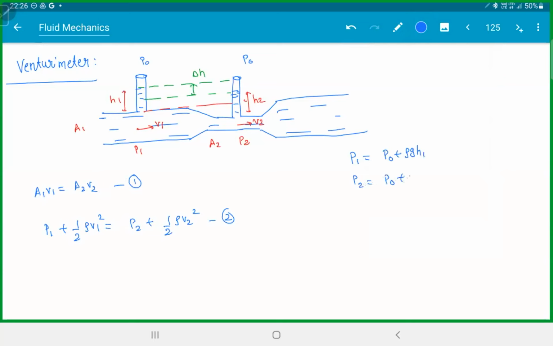P2 is P0 + rho g H2. So we get delta P, which is P1 minus P2 = rho g (H1 - H2). Substituting here, we end up with P1 - P2 = half rho (V2 square - V1 square). This will be rho g delta H = half rho.